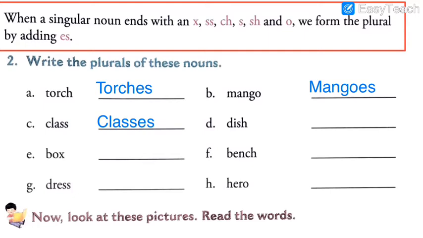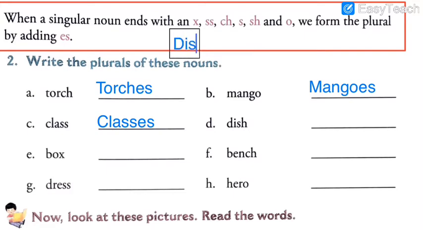Next one is dish. Again, you can see in the formula, I am taking my cursor again and again to the formula. If it ends with SH, then also you have to add ES. Dish ends with SH, so you have to simply add ES.